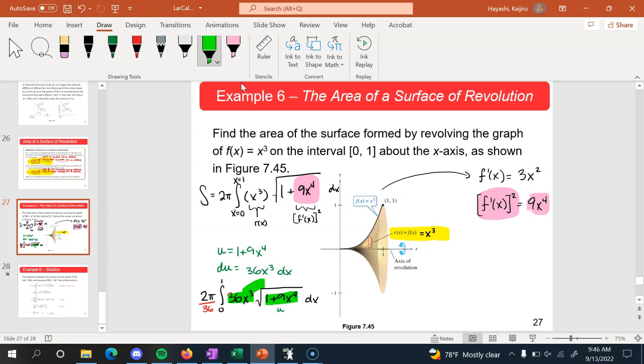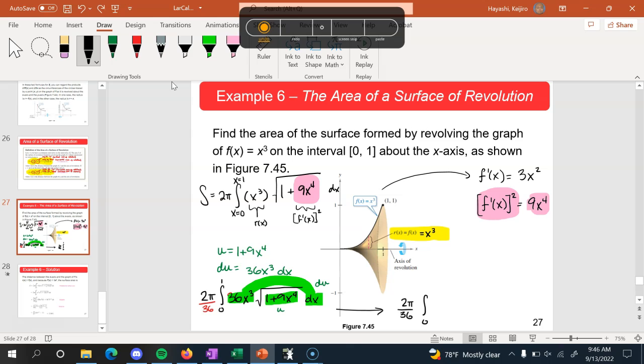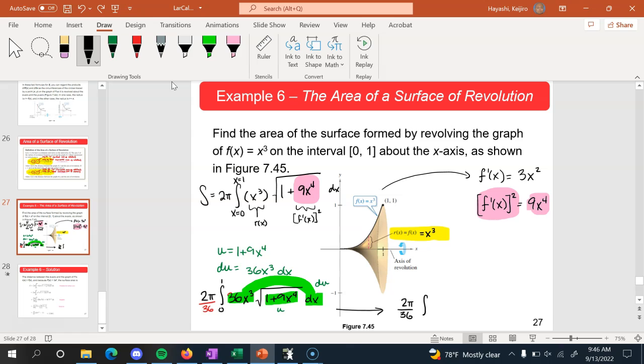And this is du. Okay, so that this is going to be the square root of u du.